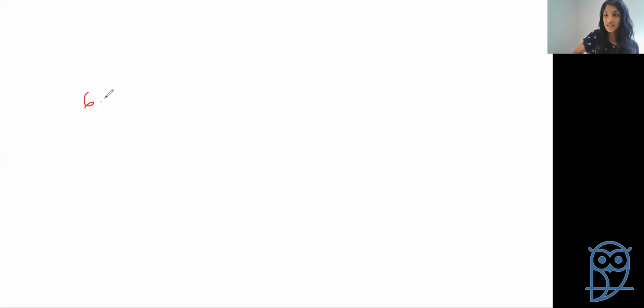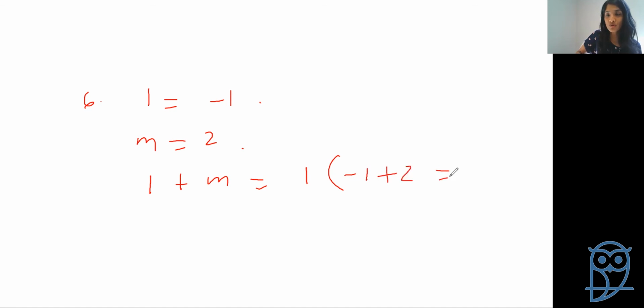Number 6 says l is equal to minus 1, m is equal to 2. How do we work this out? Once again, we're going to say l plus m is equal to 1, open brackets, minus 1 plus 2 is equal to 1.